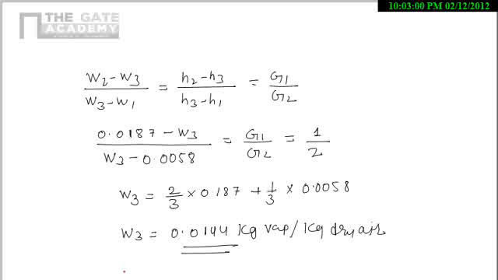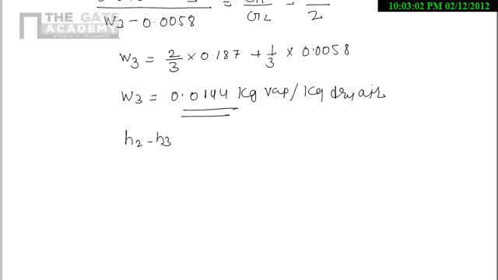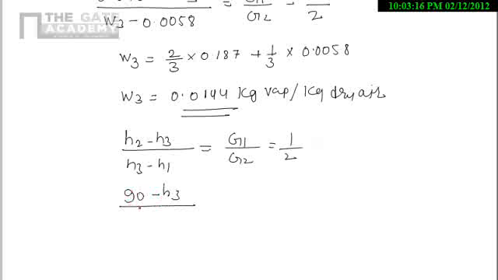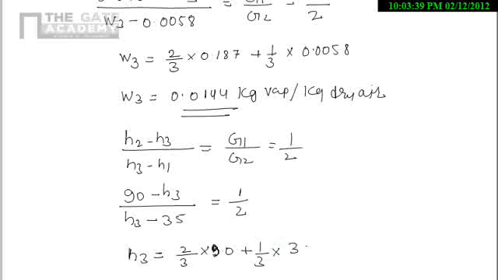So for enthalpy I can use (H2 minus H3) divided by (H3 minus H1) equals G1 by G2 equals 1 by 2. Now H2 I am having 90, H3 I have to calculate, H1 I am having 35. So for H3 I can write 2 by 3 into 90 plus 1 by 3 into 35.